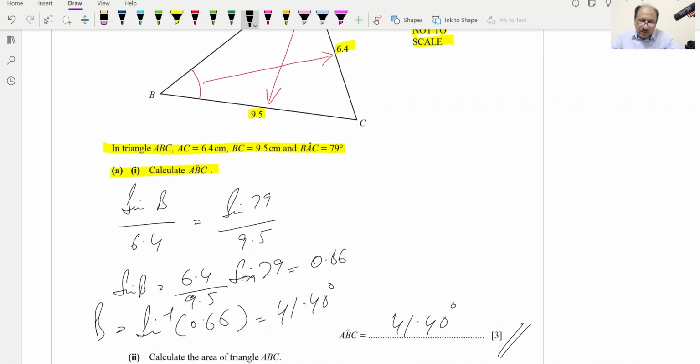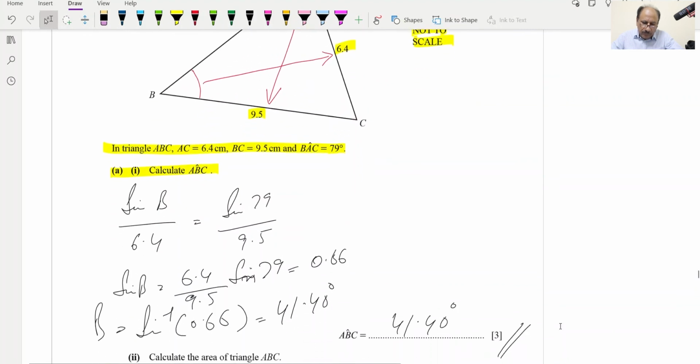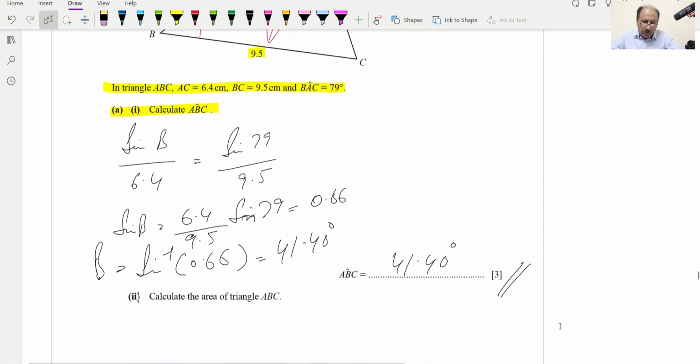One thing you have to keep in mind is that your calculator should be in degree mode for these types of questions. Radian mode is used in A levels. And the second thing is don't forget to take sine inverse at this level, as here we were forgetting, so keep in mind that you have to take sine inverse to find the angle.